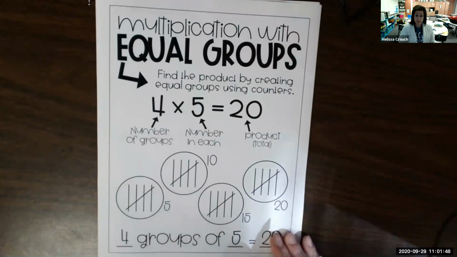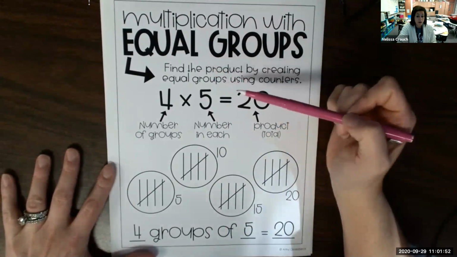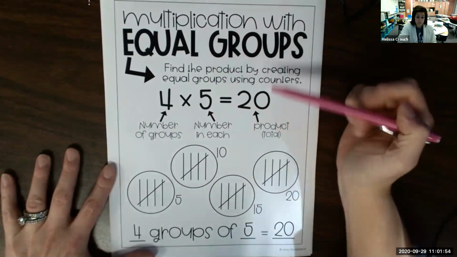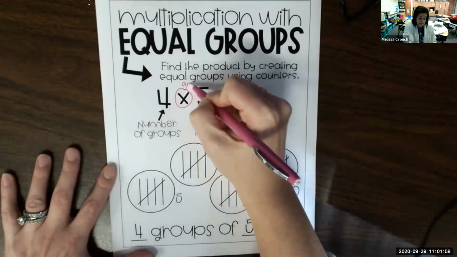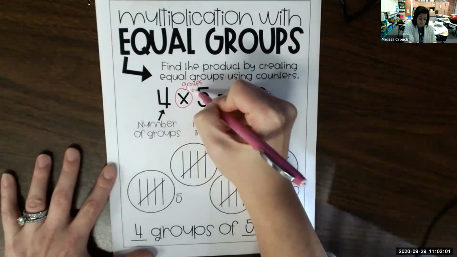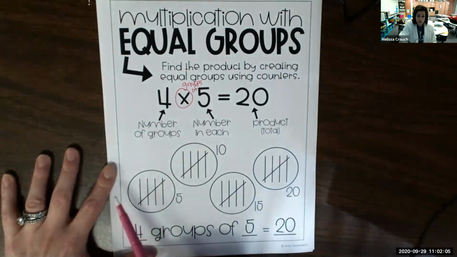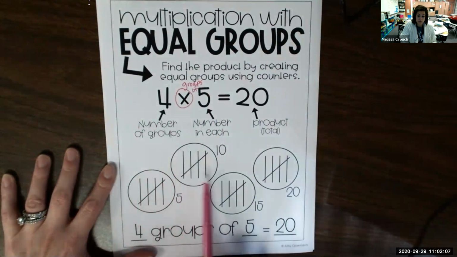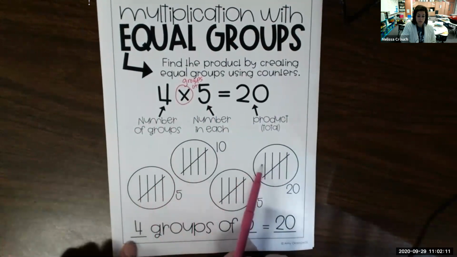Here's what equal groups looks like, okay? So you find the product by creating equal groups. Remember what this means. This means groups of, okay? So I have 4 groups of 5. So here are my 4 groups, 1, 2, 3, 4, and inside there are 5, okay?